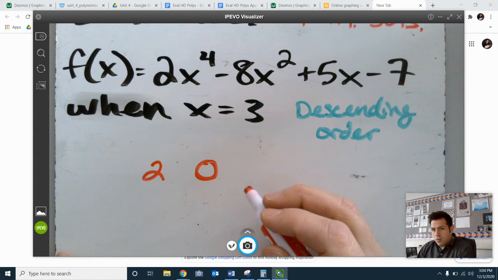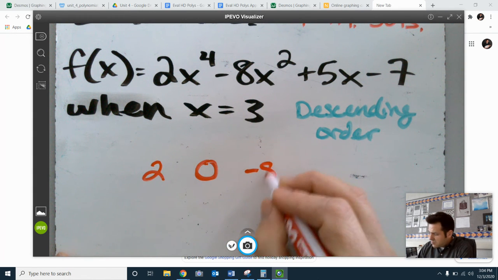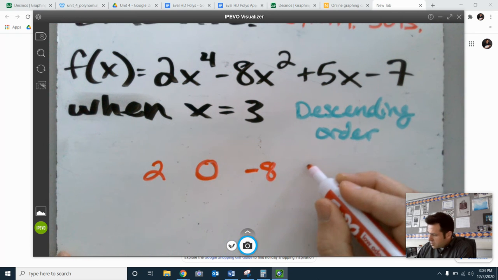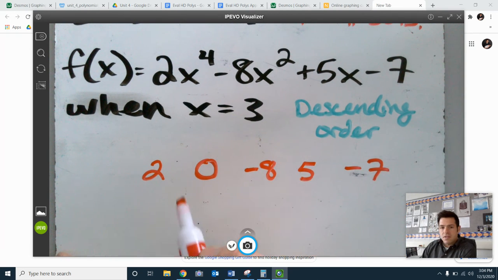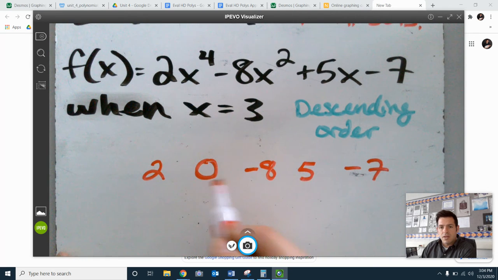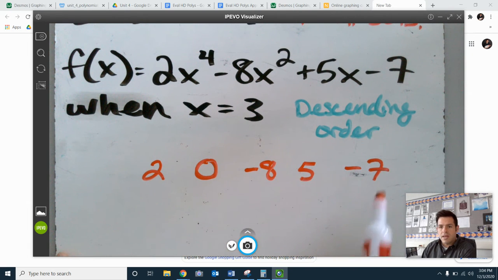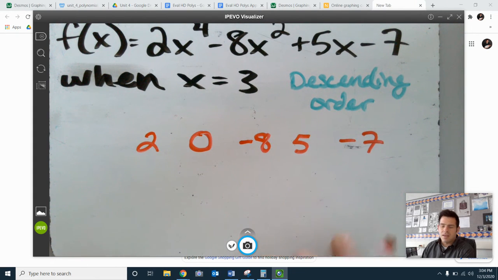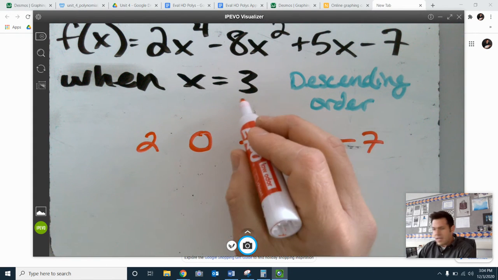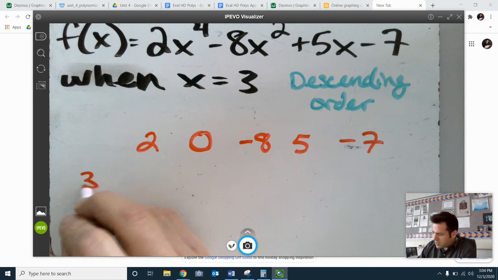The exponent of 2 for the x has a -8. The linear term here is 5, and then our constant is -7. So again, 4, 3, 2, 1, constant. We have all of our terms, even the ones that aren't there, taken care of. We're evaluating x equals 3, so I'm going to put a 3 off to the side here.